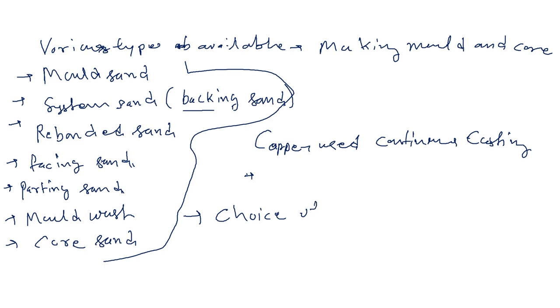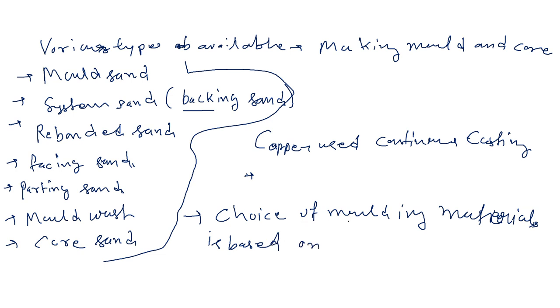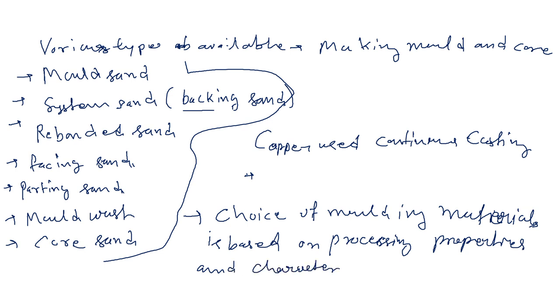The choice of molding materials is based on processing properties and their characteristics.